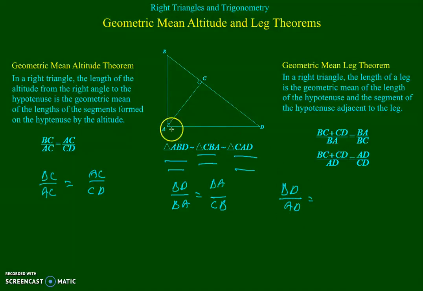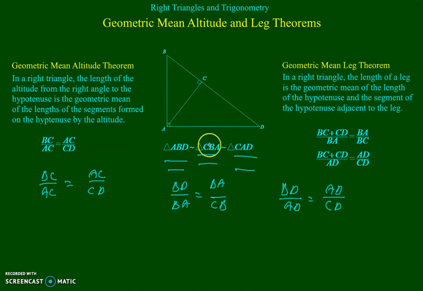Go back to the big one, and we need this side, because this is the leg that we're looking for in the geometric mean leg, so AD. And AD in the big one is the first and third, which corresponds to CD in the little one. And so there again, we've recreated the same proportion.